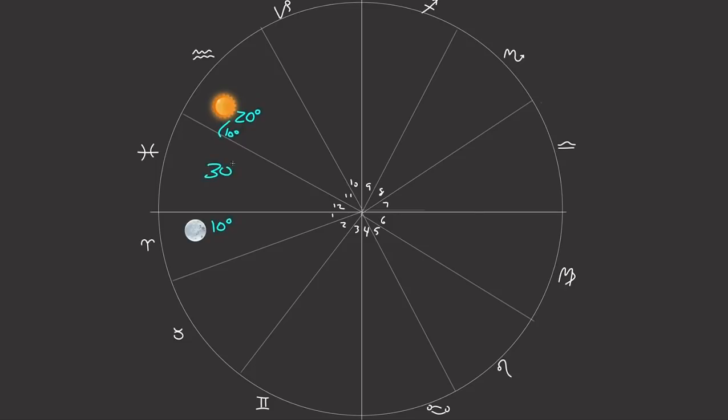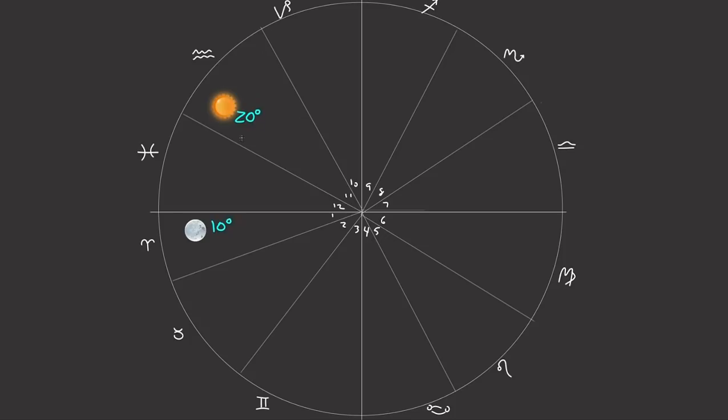Then we would have 30 degrees in between. And then right here, obviously, we would have a 10-degree difference to get to the moon. So now we have 10 degrees plus 30 degrees plus 10 degrees. It's going to equal 50 degrees instead of 60 degrees. So that's not an exact sextile, or an exact 60-degree angle between the two planets.